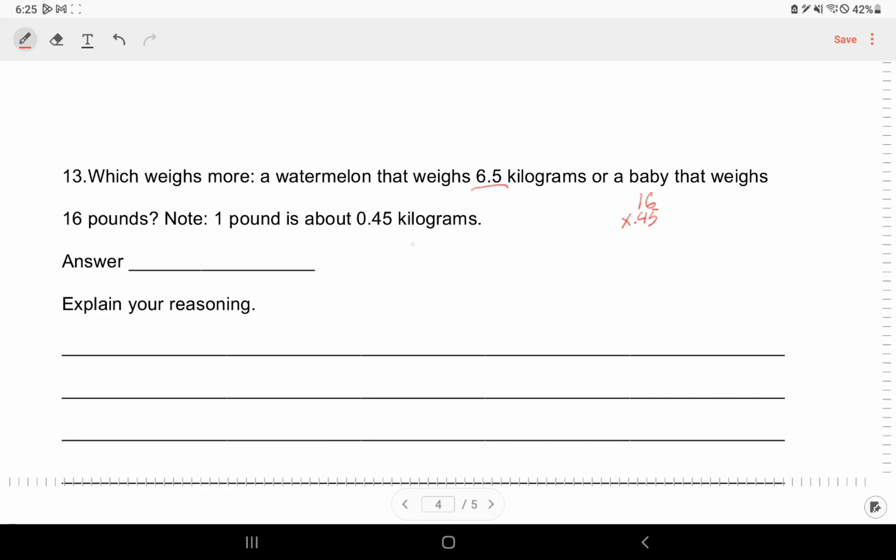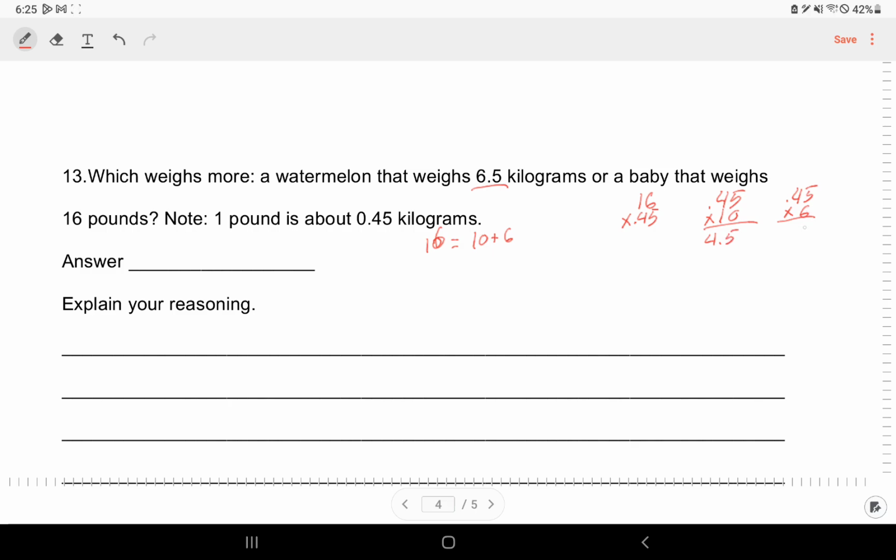Now, again, 16 is 10 plus 6. So, we can do 0.45 times 10 and 0.45 times 6. Well, that's 4.5.